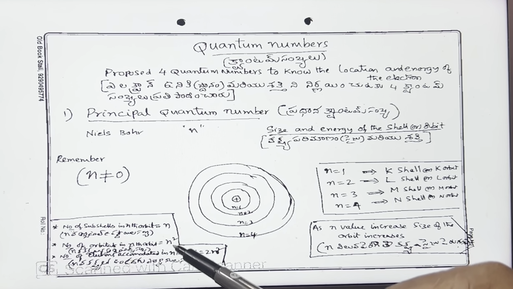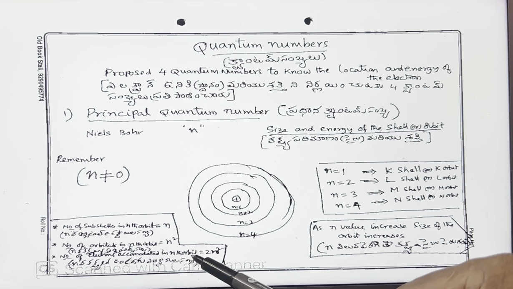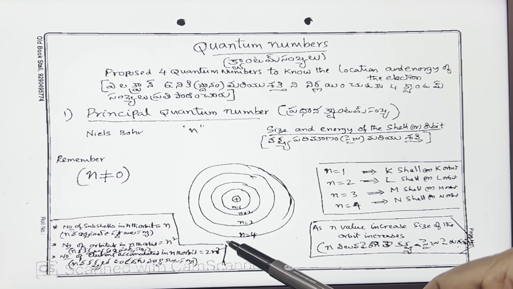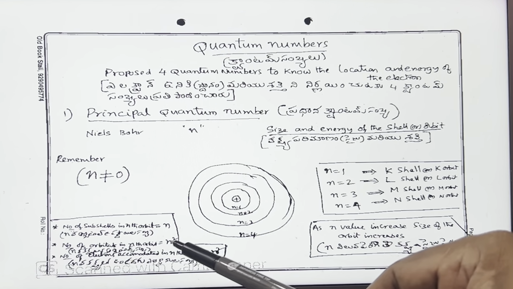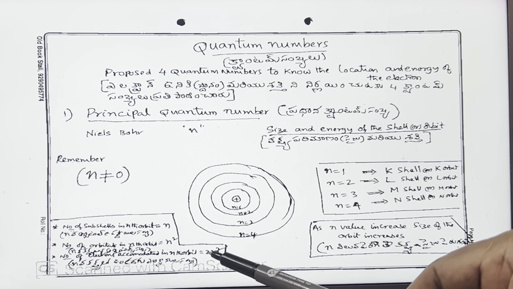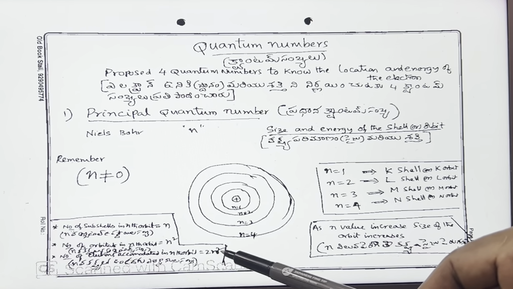The number of orbitals present in the nth orbit is n square, and the number of electrons that can be accommodated in the nth orbit is 2n square. There are n square orbitals, and each orbital contains 2 electrons. So the total electrons in the nth orbit are 2 into n square.